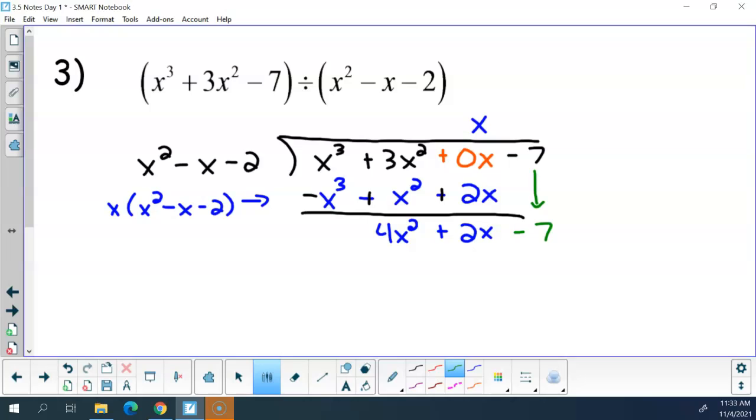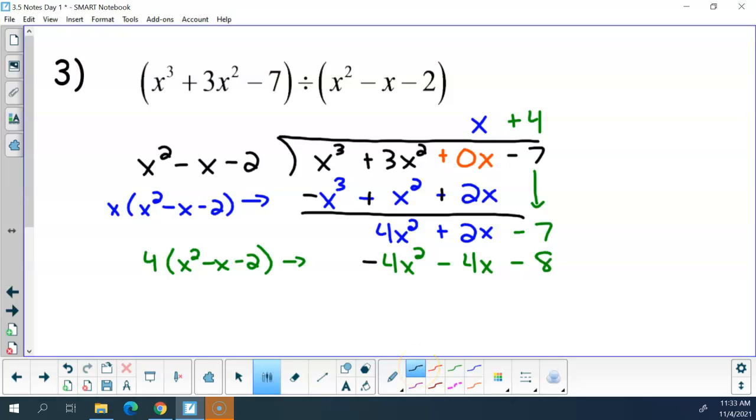Gotta make x squared be 4x squared. Multiply by 4. So that's going to be 4x squared minus 4x minus 8. Change the signs. Because I don't have anything to put in there.